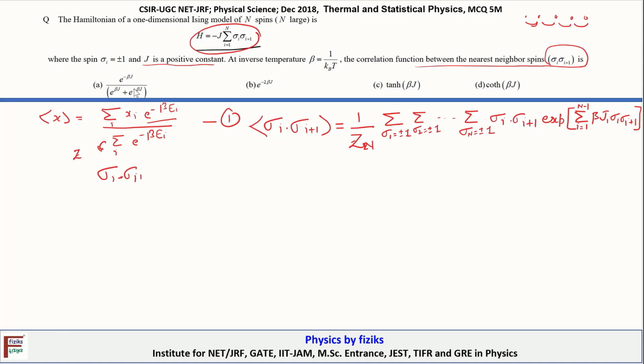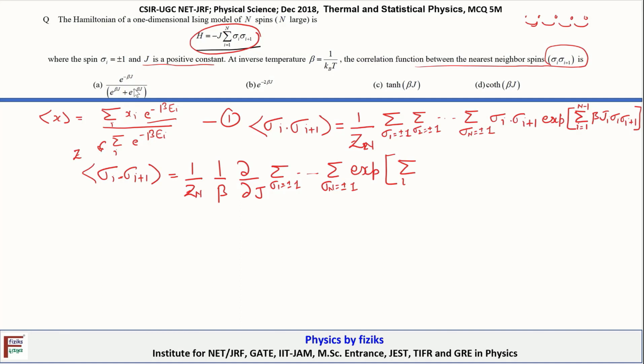Sigma i dot sigma i plus 1 and its average value, that is equal to 1 divided by Zn and then 1 by beta, curly partial derivative with respect to J of this quantity, sum over sigma 1 equal to plus minus 1, and so on sigma n equal to plus minus 1, and the exponential summation i taking value from 1 to n minus 1 beta J i sigma i dot sigma i plus 1.